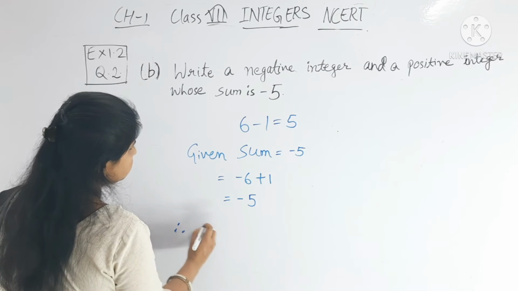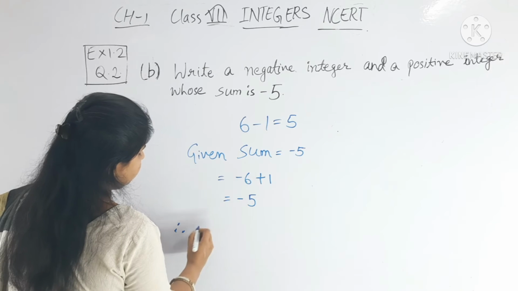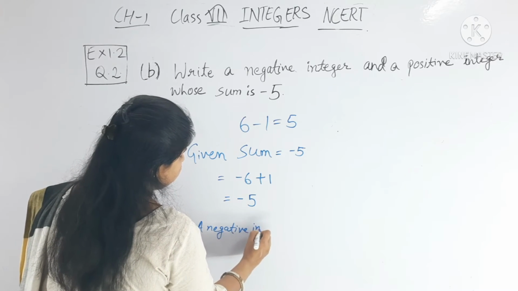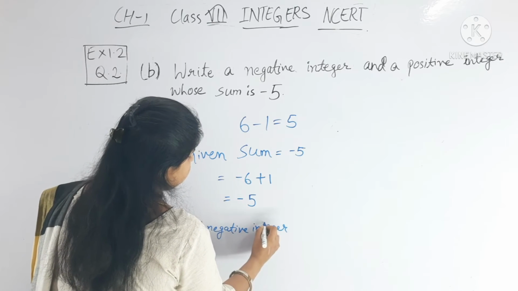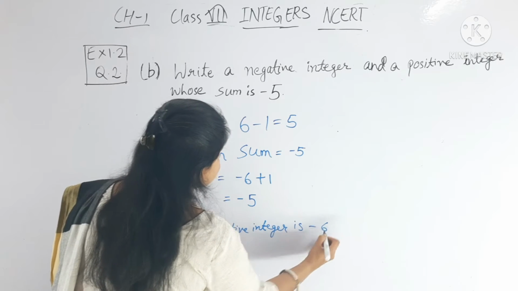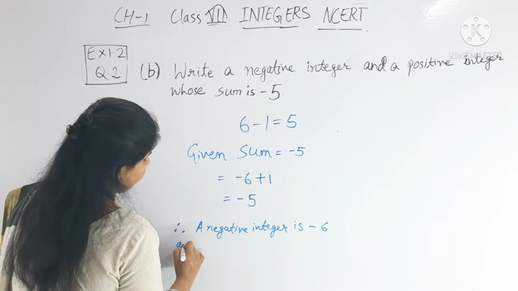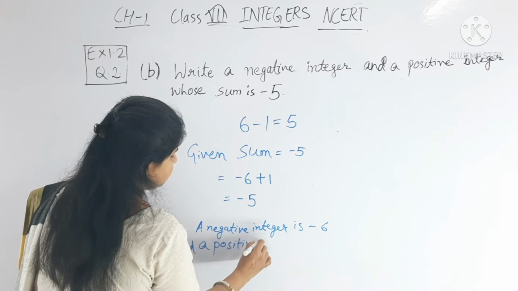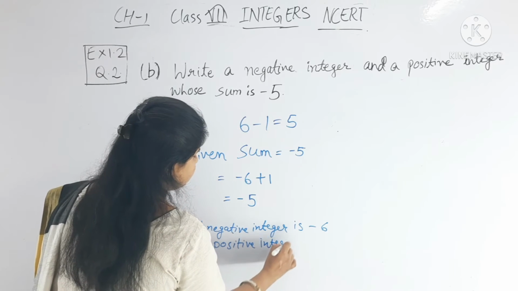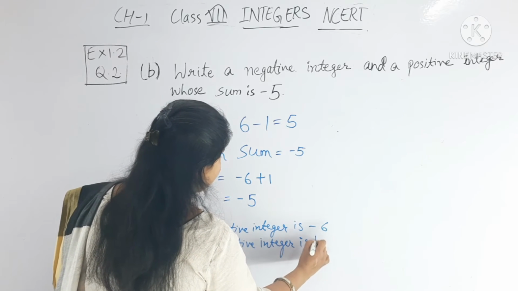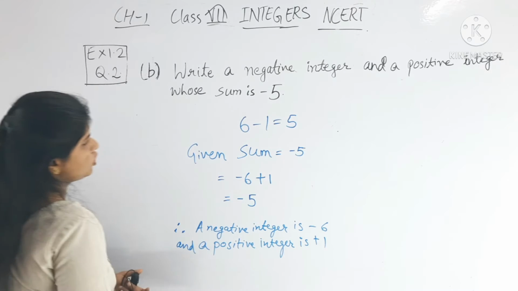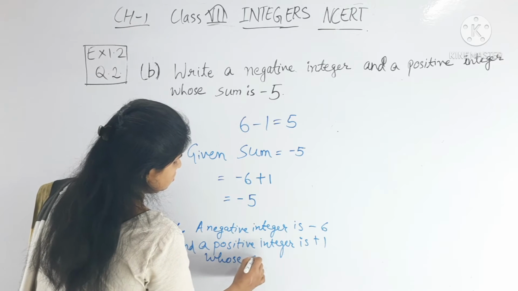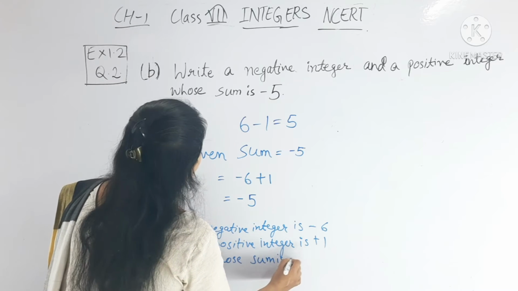So therefore a negative integer is minus 6 and a positive integer is plus 1, whose sum is minus 5.